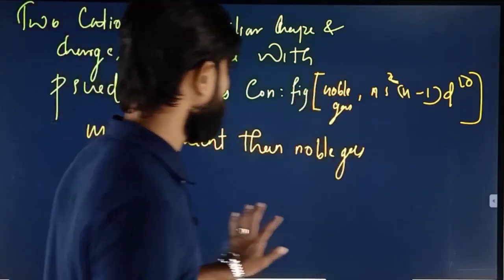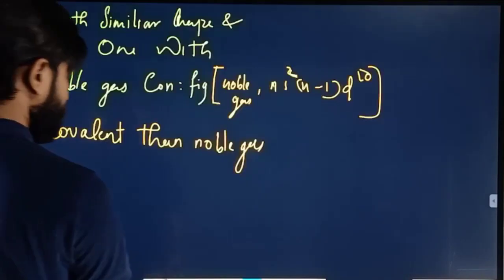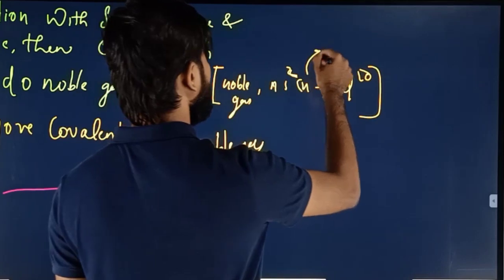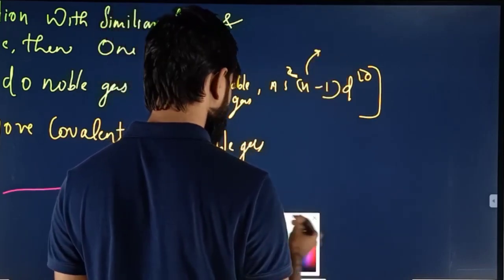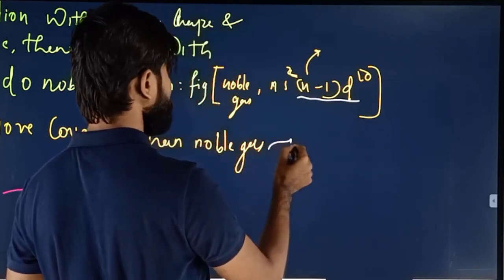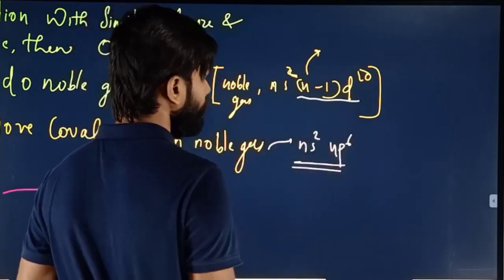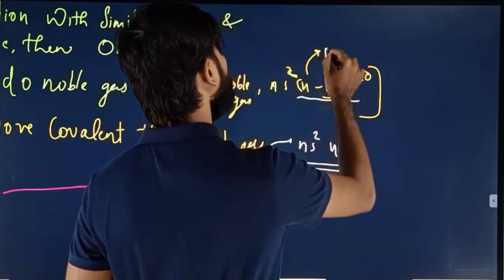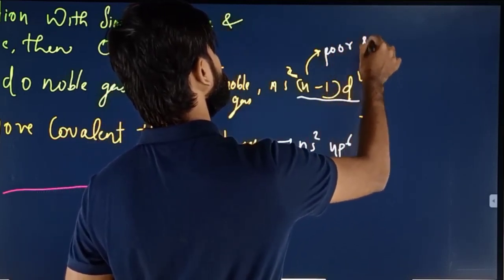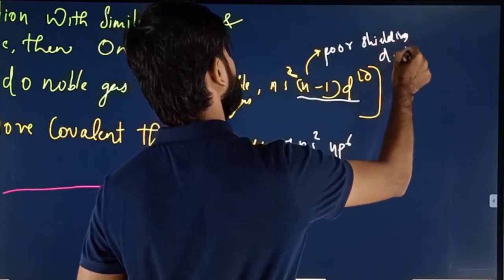The reason is that, listen, noble gas configuration means ns2 np6, right? Here the last electron is in a poorly shielding d orbital.